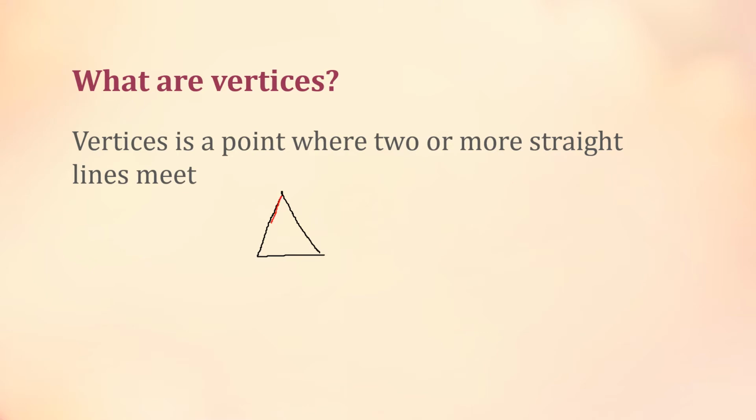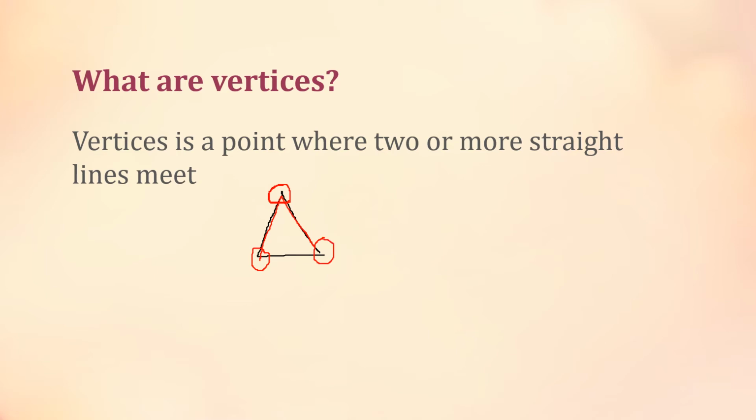So let's look at this one. So 1 and 2. So it's the point where two or more straight lines meet. If I look at this corner, I will notice that that's one of my vertices. And I could tell that my triangle still has more. So I see 1, 2, and 3.